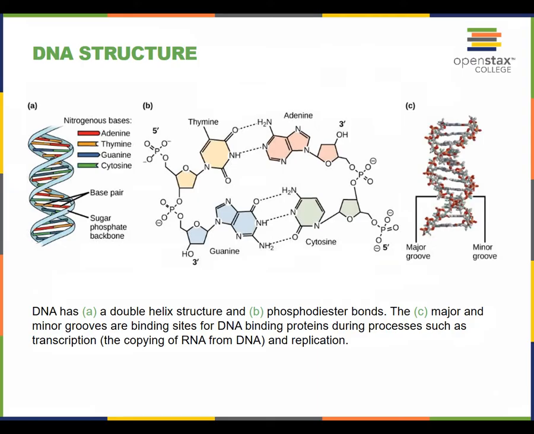So the structure of DNA, you may recall, DNA is one of the nucleic acids, and nucleic acids are made of nucleotides, and nucleotides contain a nitrogenous base, in this case thymine, a pentose sugar, for DNA it's deoxyribose, and a phosphate group.